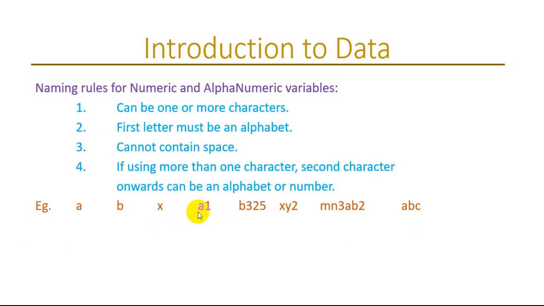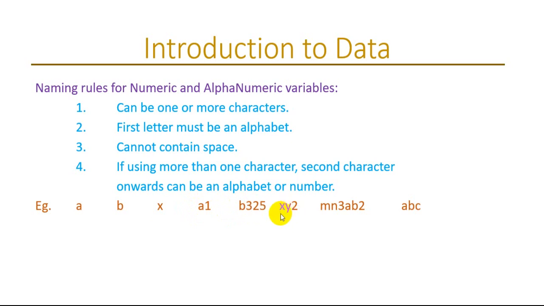We are calling this variable name A1. No issue because first character is alphabet. Second onwards, if using more than one character, second character onwards can be an alphabet or any other number. So this is fine, no issue. You can name a variable as A1. You can even name a variable as B325. No issue because it's starting with an alphabet and following with numbers. No issue.